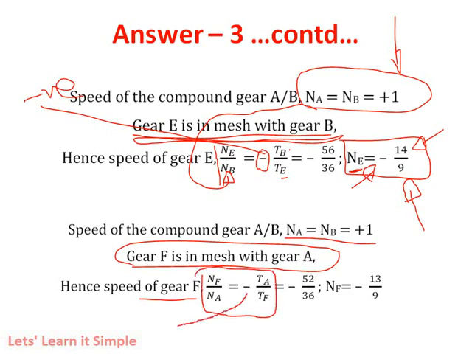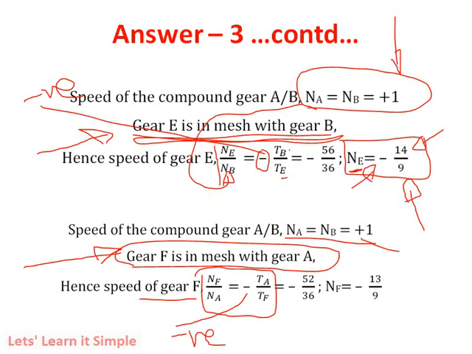You have to include the negative sign to denote that gear F and gear A are rotating in opposite directions. Like gear E and B, here also gear F and A are rotating in opposite directions.